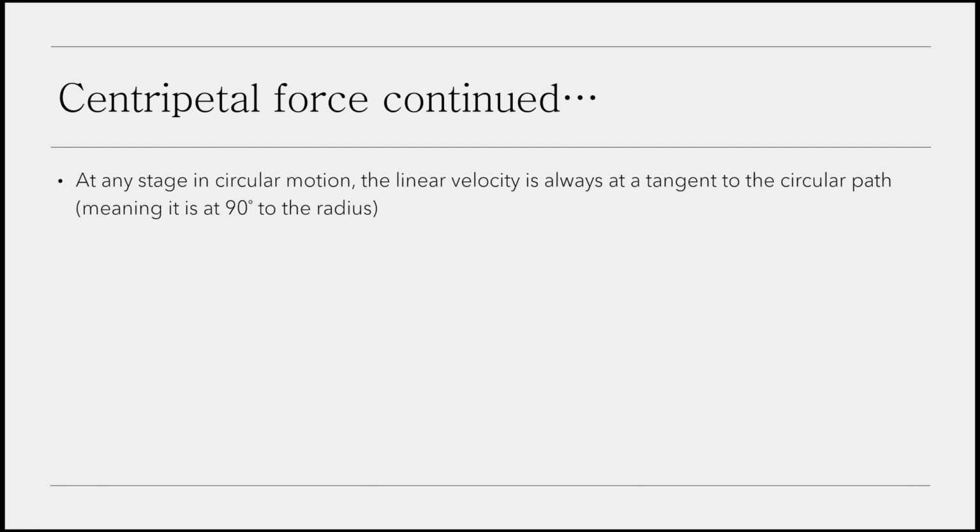You will have had to have watched our previous videos on centripetal force to completely understand this video, but let's just jump off from here. So we know that at any stage in circular motion, the linear velocity is always at a tangent to the circular path. Its instantaneous velocity, its speed, is going to be equal to distance over time.